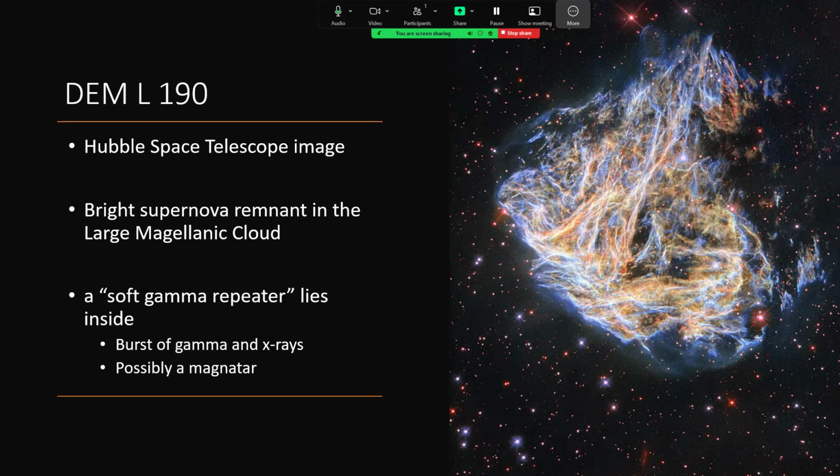And it's probably a magnetar, a highly magnetized massive neutron star spinning very rapidly indeed, creating very complex magnetic fields, which may account for the very wispy and filamentary structure in the resultant supernova remnant from the explosion that created this magnetar. So there are some fascinating objects in and around the Large Magellanic Cloud.